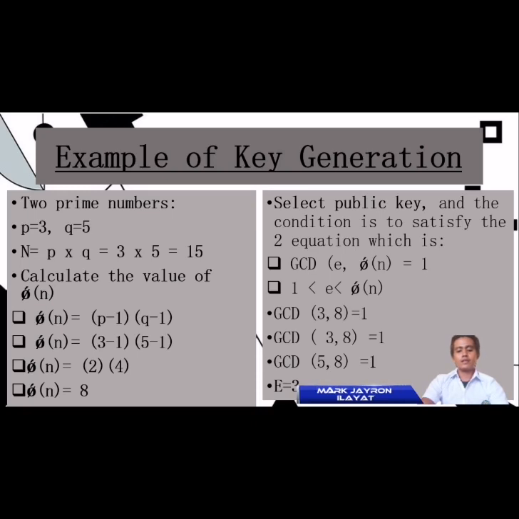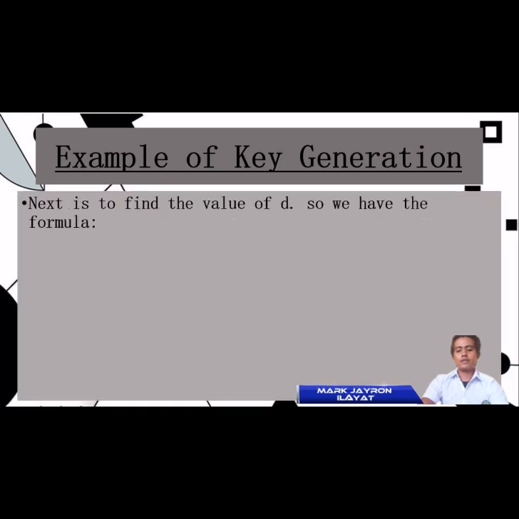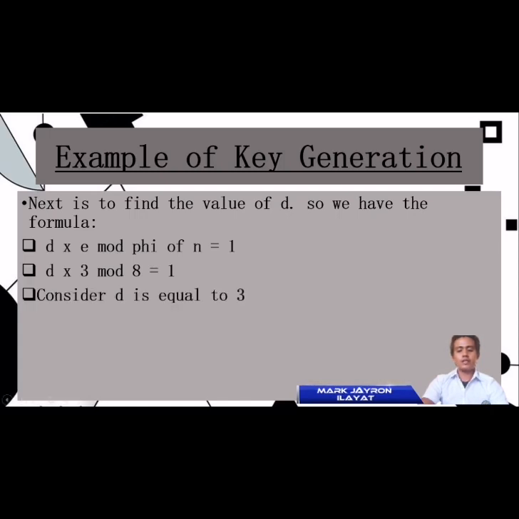So next is to find the value of D. So we have the formula: D times E mod phi of N is equal to 1. D times 3 mod 8 is equal to 1. Consider D is equal to 3.